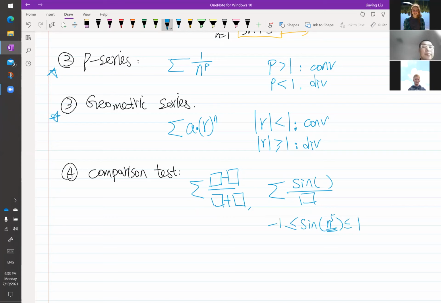Same thing with cosine. What if cosine is in the denominator?